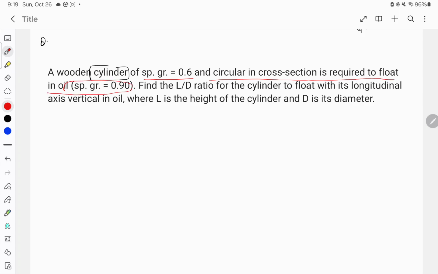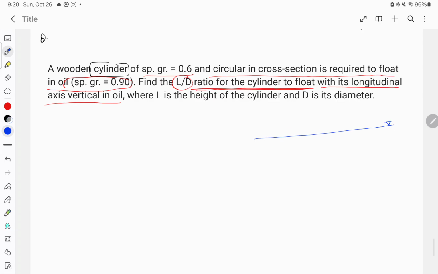Find the L by D ratio for the cylinder to float with its longitudinal axis vertical in the oil. They have not asked anywhere that it's a metacentric height question, but it is one. The density of the cylinder, if the specific gravity is 0.6, will be 0.6 into 1000, so around 600.